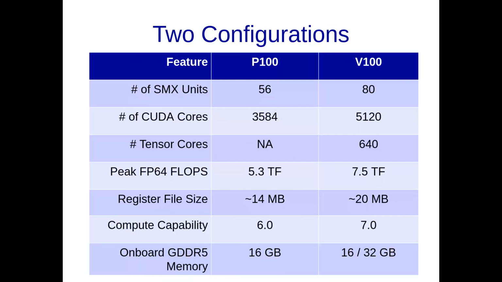Himanshu is asking, what is compute capability here? Compute capability is a number, major and minor number, which specifies what are the functionalities that are provided by a particular hardware. For example, in this case, we say compute capability 6, which means that there are certain functionalities which are supported in compute capability 6.